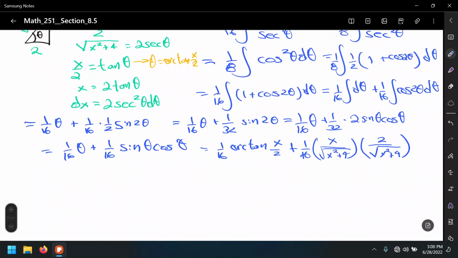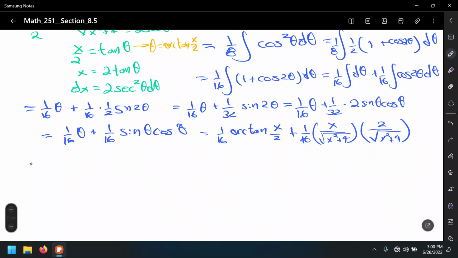And well, of course, let's simplify this before we go back again to the very original problem. Okay, the first term is fine. 1 over 16 arctan x over 2. And well, this is 2x, but these 2 reduces with 16 to give us a 1/8.